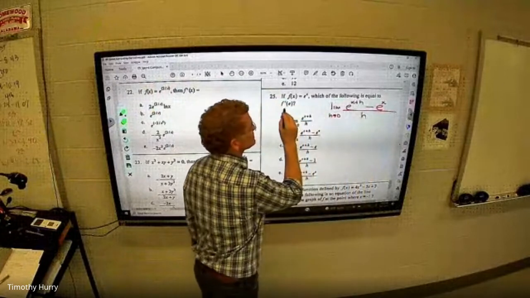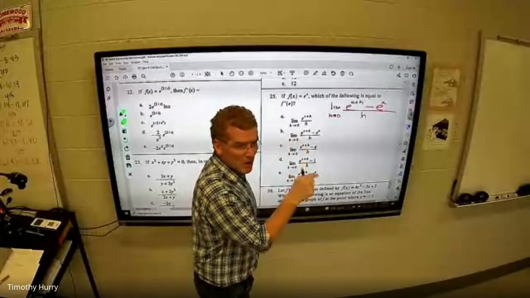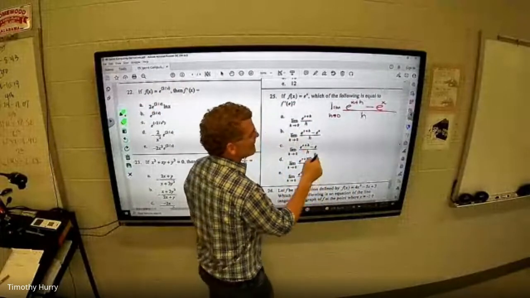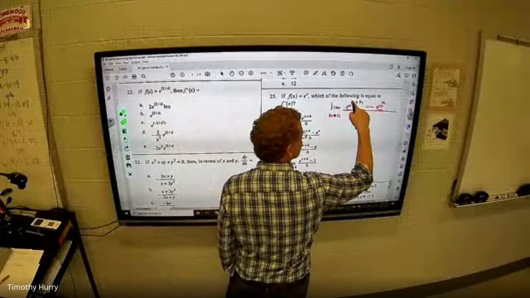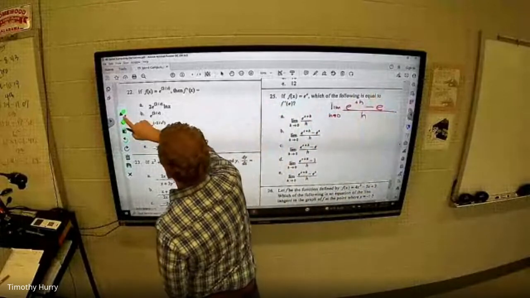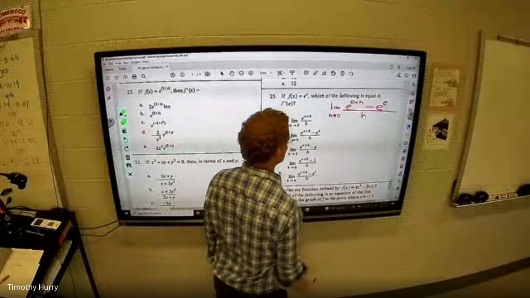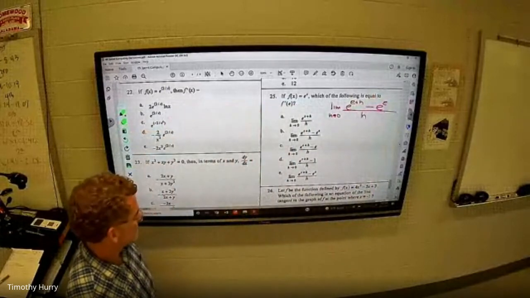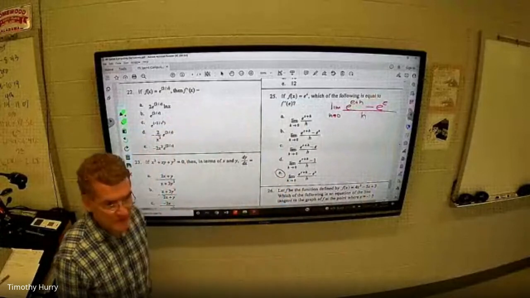But this isn't just the derivative of f of x. It's the derivative of f at what? E. That means that your x values there would have to be e's. So one option would be this. Do I see that? Yes. So I'm good.